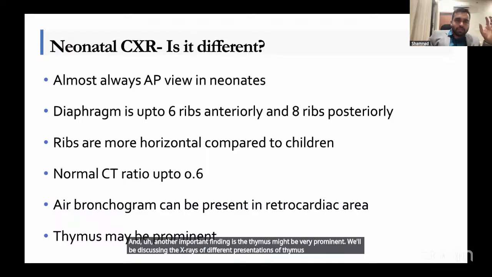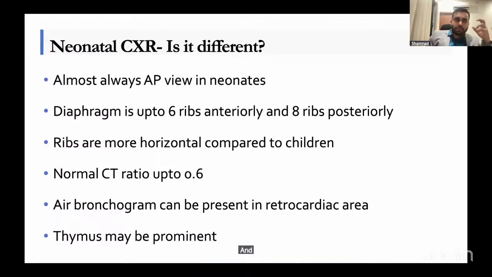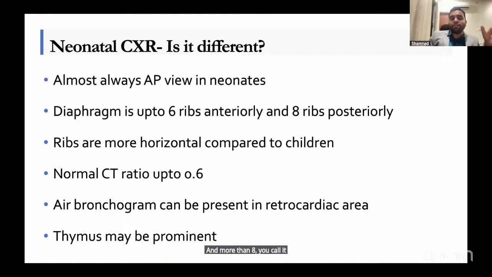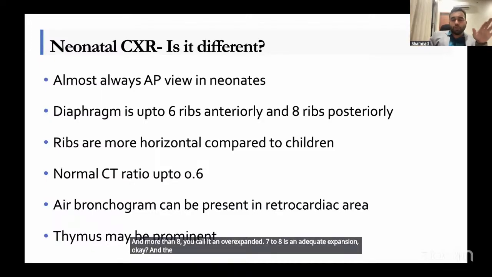We'll be discussing the X-rays of different presentations of thymus. So just remember in your mind, neonatal X-rays almost always AP. And this number of position of the ribs is also very important, because routinely people ask you what is overexpansion, what is underexpansion and all. So anything which is less than 7 spaces, you call it underexpanded, and more than 8, you call it overexpanded. 7 to 8 is an adequate expansion. Okay. And the rib position also will be more horizontal.